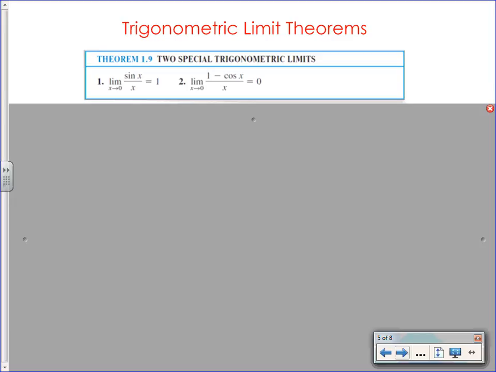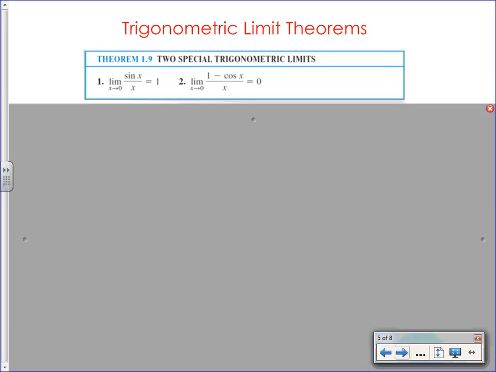Now, we are not always going to have just a purely trigonometric function. We have two special trigonometric limits. Write them down, memorize them, know how to recognize them. First one, the limit as x approaches 0 of sine of x over x equals 1.